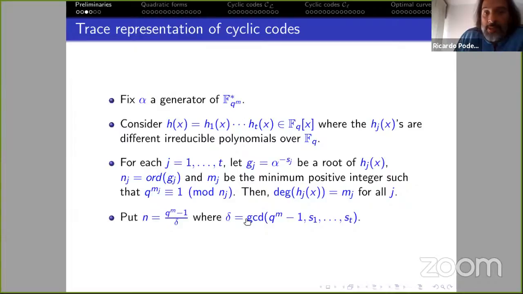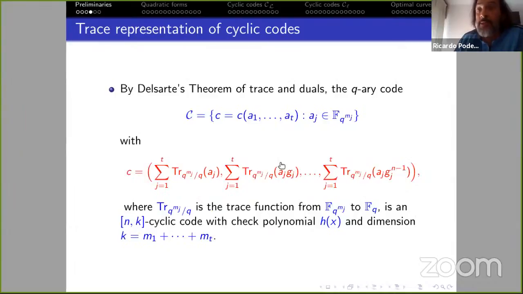And if we fix this number n, where delta is the GCD of these numbers, this number here. So using Delsarte's theorem about duals and traces, we have the cyclic code C defined in this way.